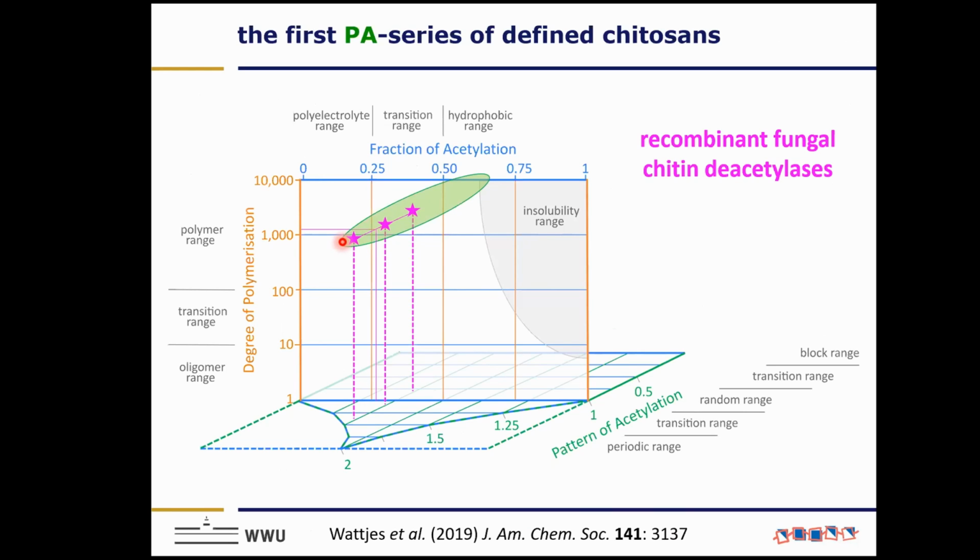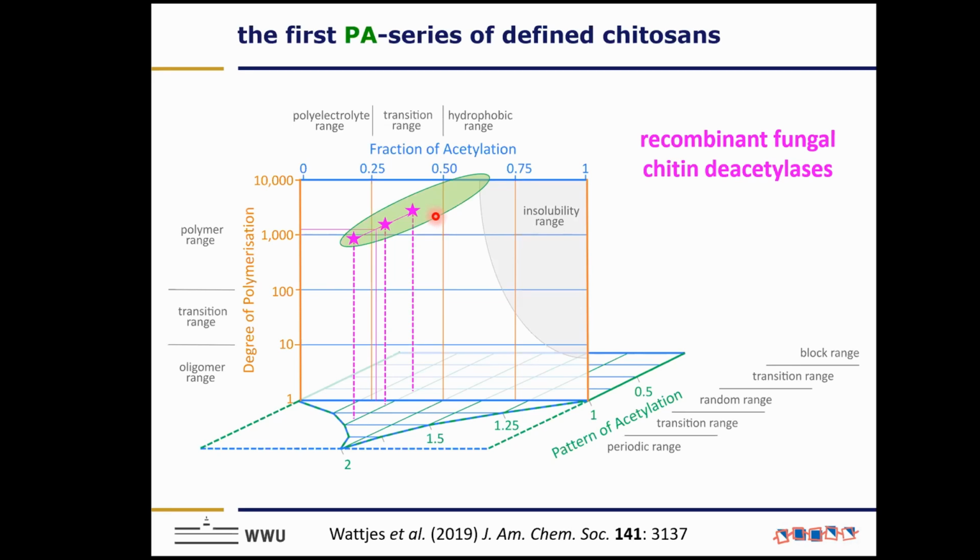But what we can also see is that of the possible space, we have only covered a small part. And that is because the substrate we used, the DA60 chitosan, already has a random pattern. The starting material has a random pattern. So we cannot expect a strong blockwise distribution of the acetyl groups after the enzymatic treatment.